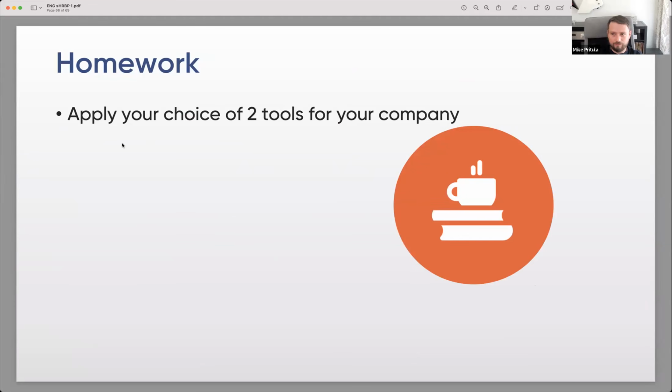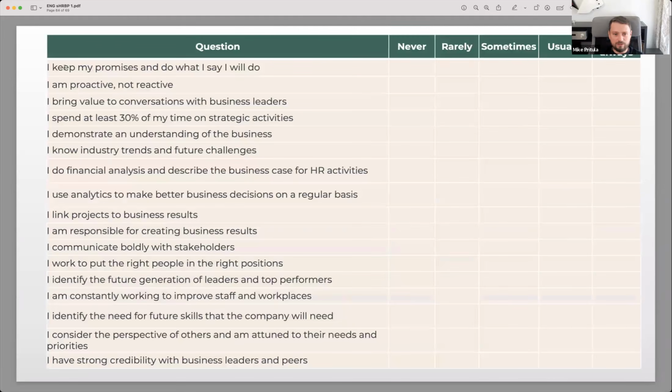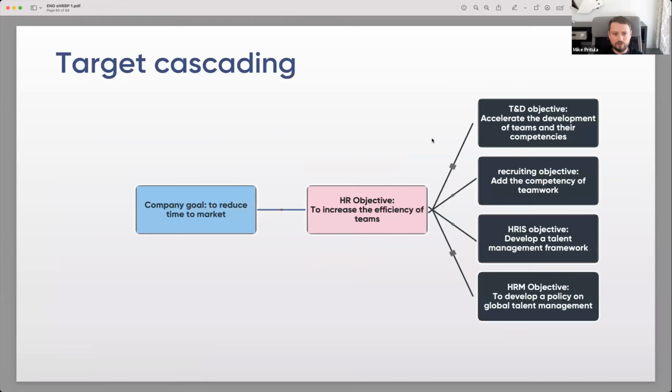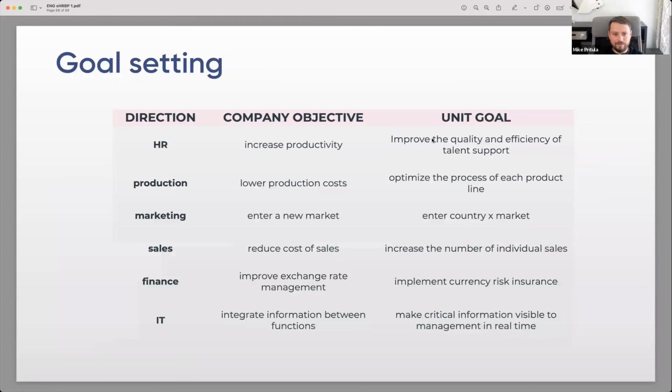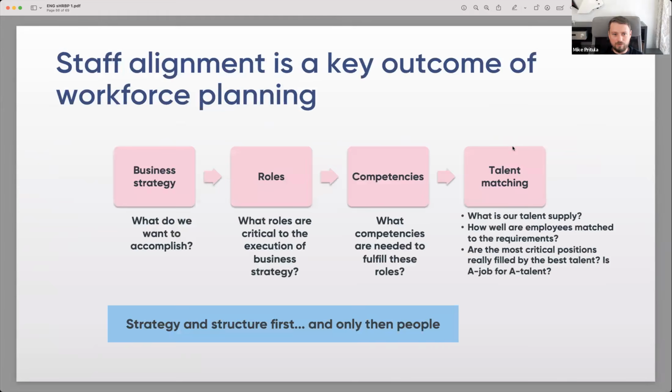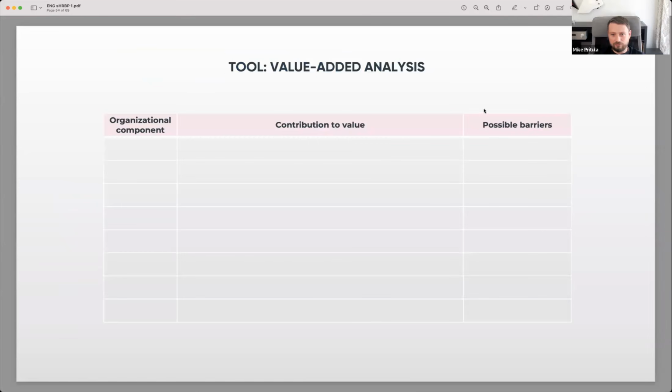Now the homework for our students. And if you are not on the list, just join our course and you'll be an HR business partner within 10 classes. Apply your choice of 2 tools for your company. By tools we mean this is a tool, so you may use this, or this one, or this one.